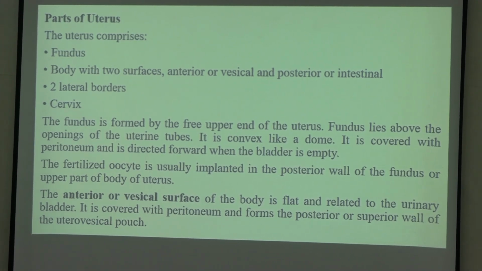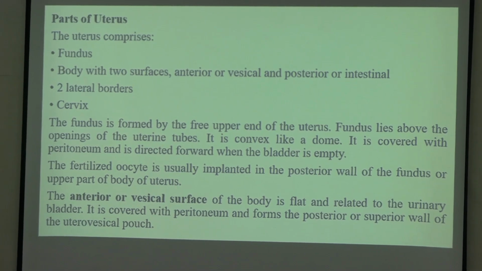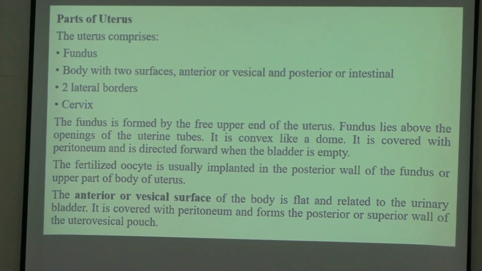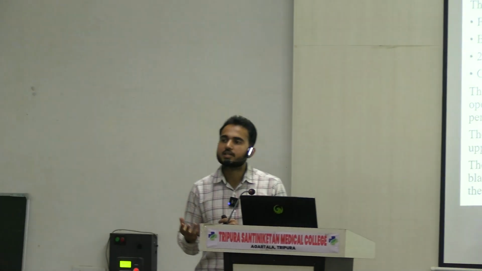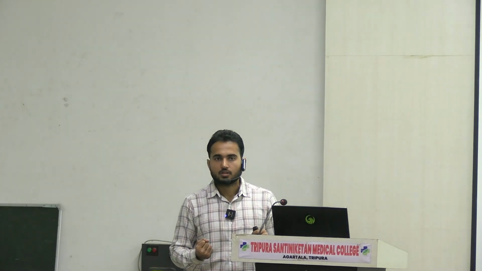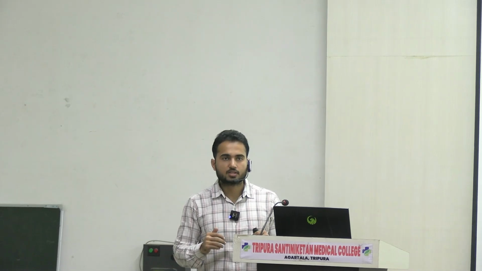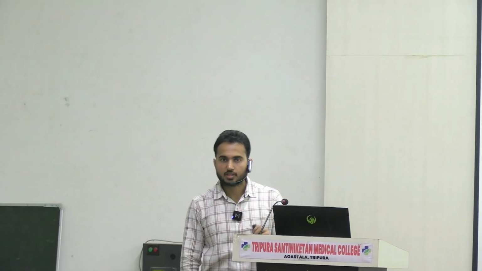After fertilization, what happens? Implantation. So where does implantation take place? Mostly at the upper part of the uterus, on the fundus, the posterior wall of the fundus. That's why the fundus is important.